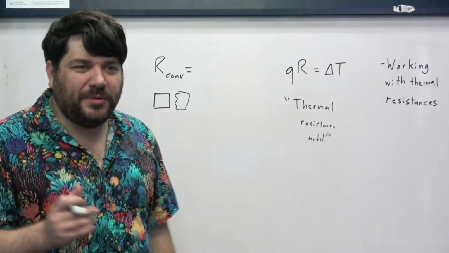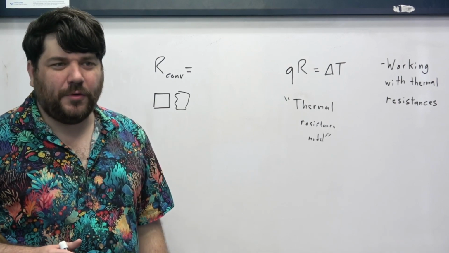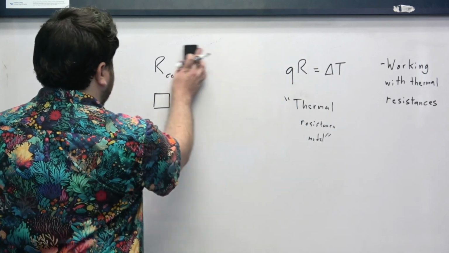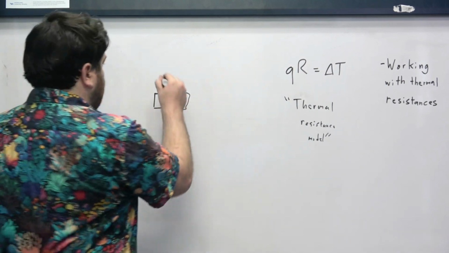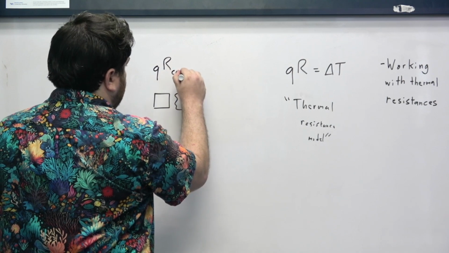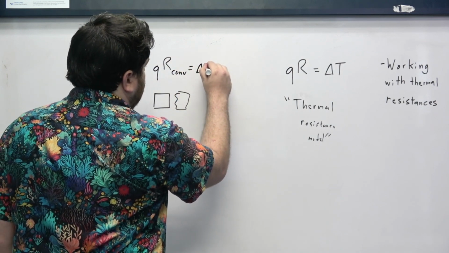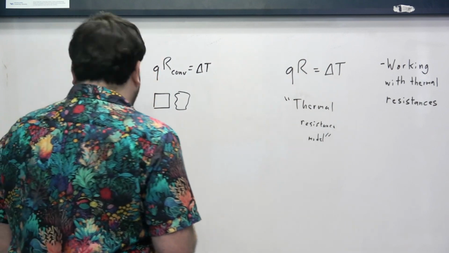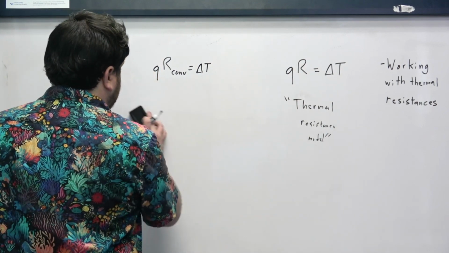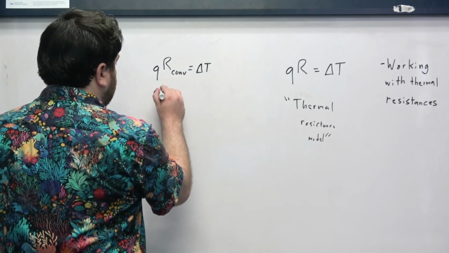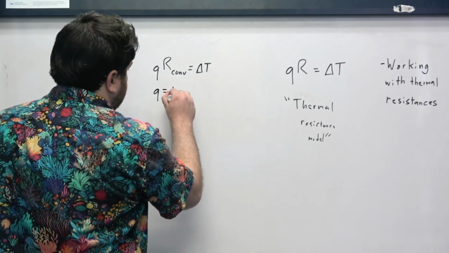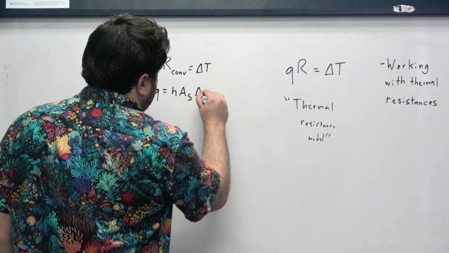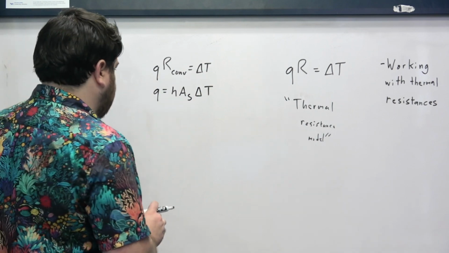thermal resistance? Well, we can actually pull it from the expression that we had before. All we have to do is just divide, right? So we had written down previously that Q times R_conv is equal to delta T, right? That's this equation. But then we had also said that Q was equal to h times A_s times delta T, right?